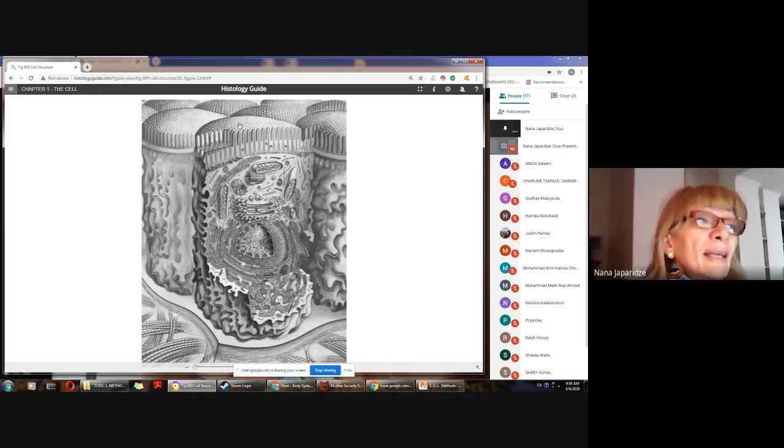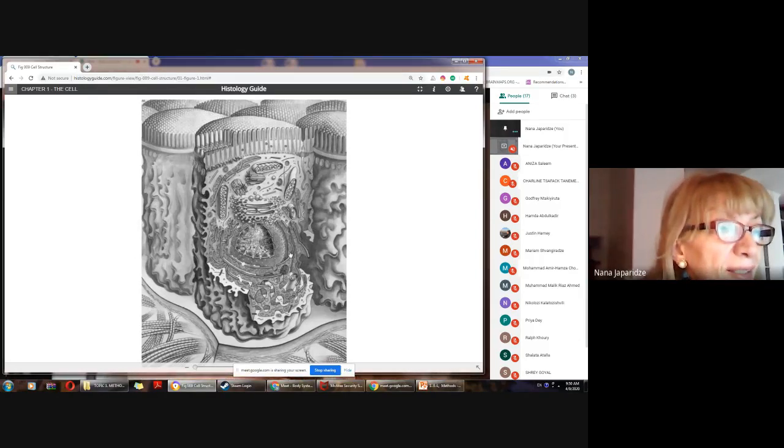They are attached to the terminal web, which is represented with different components of the cell cytoskeleton. And beneath this apical surface, we can identify here a whole cell with a nucleus and with a rough endoplasmic reticulum which surrounds this nucleus.